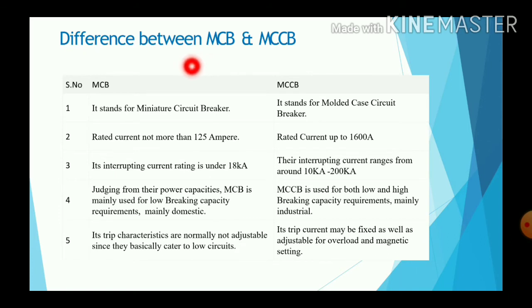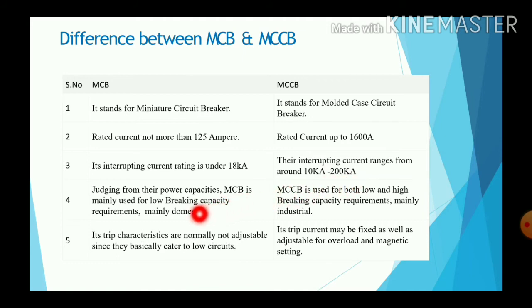Here comes the difference between MCB and MCCB. MCB stands for miniature circuit breaker and MCCB stands for molded case circuit breaker. MCB can be used up to 125 ampere current rating and MCCB can be used up to 1600 ampere. The interrupting current rating of MCB is about 18 kilo ampere and the interrupting current range of MCCB is about 10 kilo ampere to 200 kilo ampere.